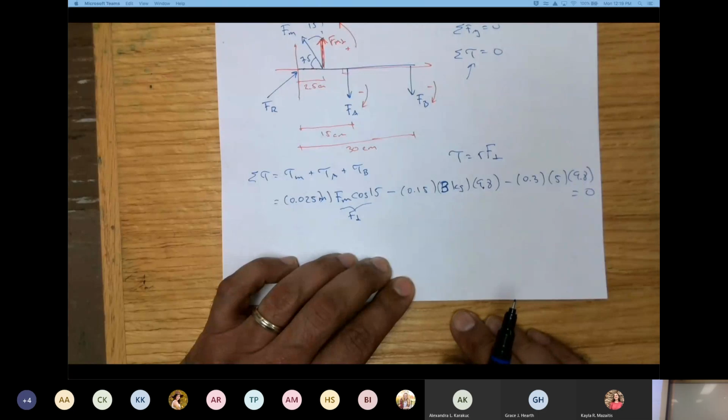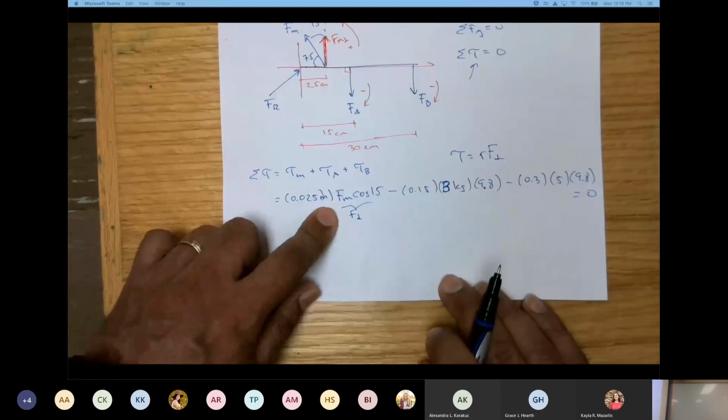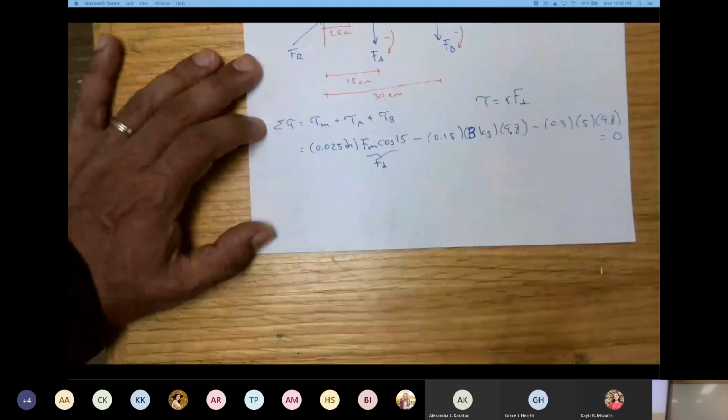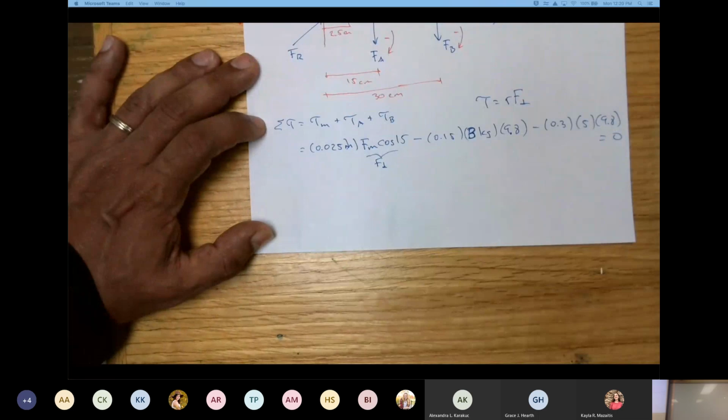From here, I can solve for this force. So I'm going to do it in a couple of steps. All the terms that don't have the force of the muscle, I'm going to put on the right, and everything else I'm going to keep on the left.